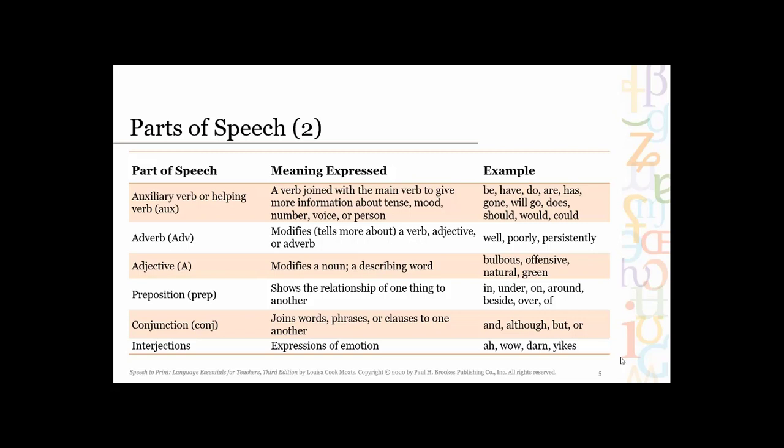A preposition shows the relationship of one thing to another. A conjunction joins words, phrases, or clauses to one another. Interjections are expressions of emotion. The table on this and the preceding slide provide examples of each of these parts of speech. These examples can be very helpful if this is new learning for you.